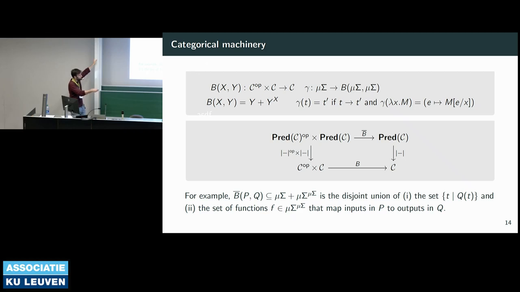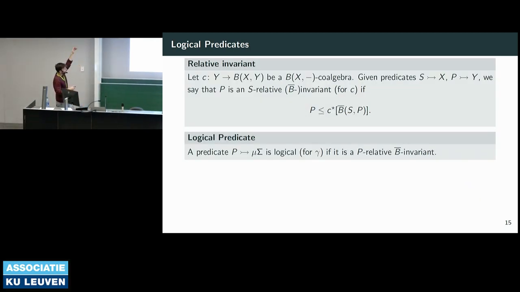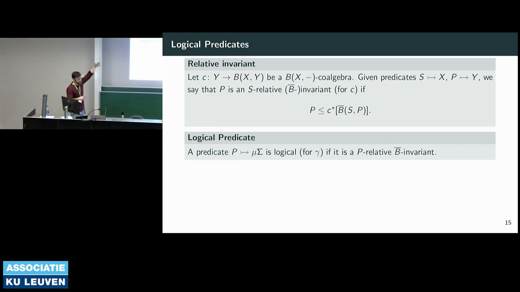It doesn't immediately say, oh, bifunctorial relation lifting gives me the notions that I'm looking for to reason with predicates or relations. So abstractly, you can define what a relative invariant is.